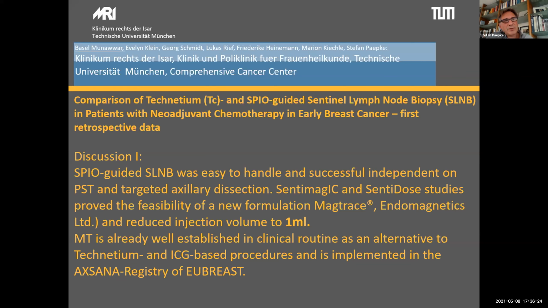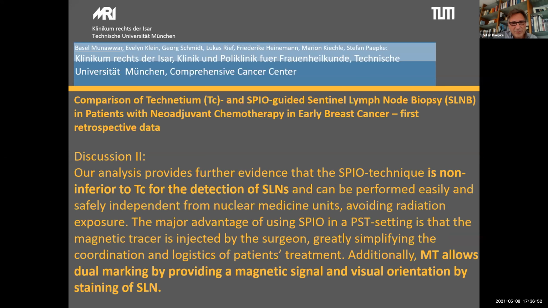What we have discussed with Endomag is that it would be a good idea to implement all these techniques in the AXSANA registry. AXSANA is a big registry from EUBREAST. It is a registry focused on all the endpoints regarding lymph node removal, sentinel lymph node detection and removal in relationship to primary systemic chemotherapy.